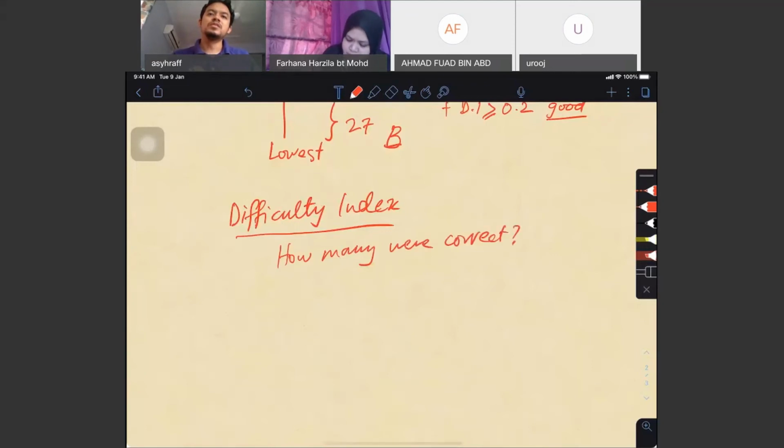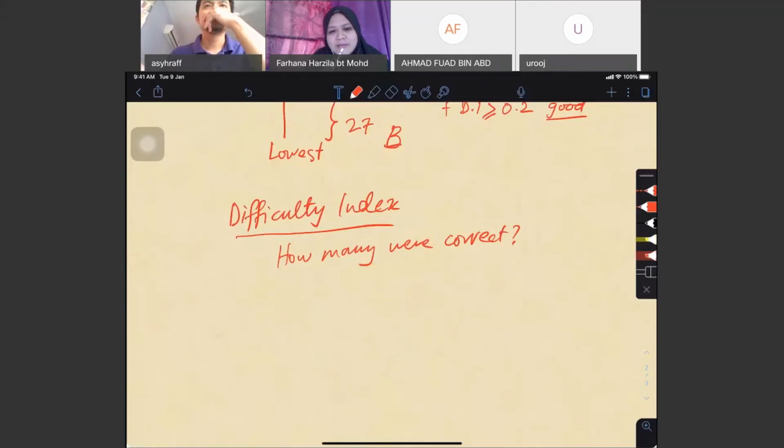Okay, so the range is... Farhana, what's the range of this index? What's the possible range? What would be the lowest value of the index?